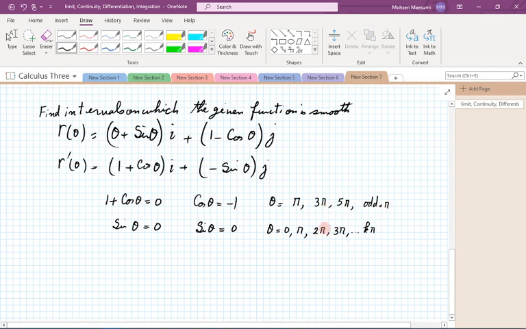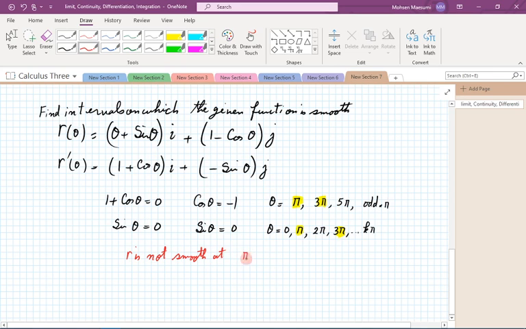Well, what's common to both of them? We want them to be simultaneously 0. We're not collecting all of this and all of that. Rather, what is common? At pi they became 0, at 3 pi they became 0, and so on. So we say r is not smooth at odd multiples of pi.